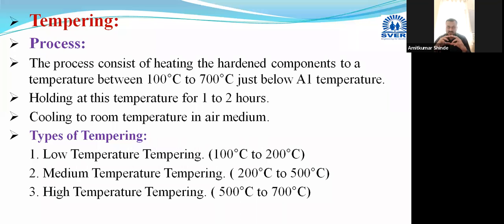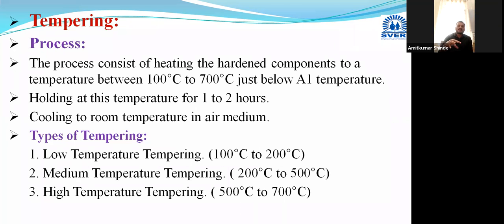The component is heated depending on its shape and size. Generally, the holding time used in tempering is 1 to 2 hours for equalization of the temperature. Here our aim is to get the equalization of the temperature.